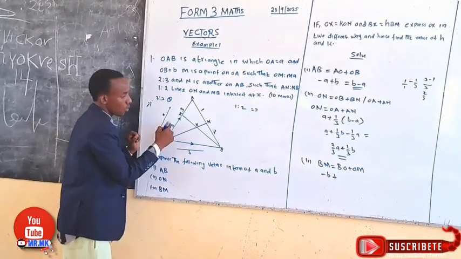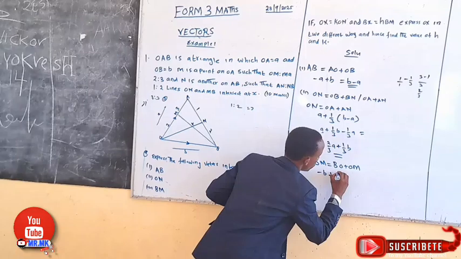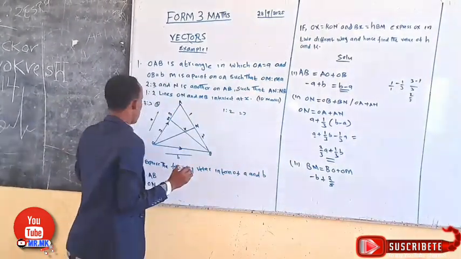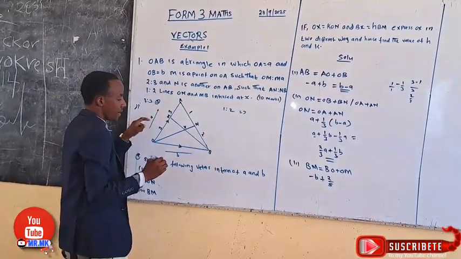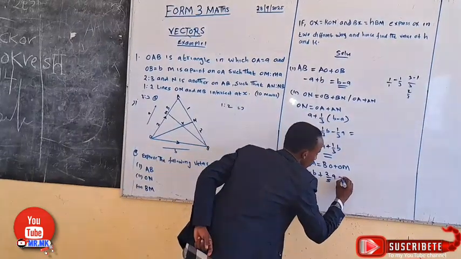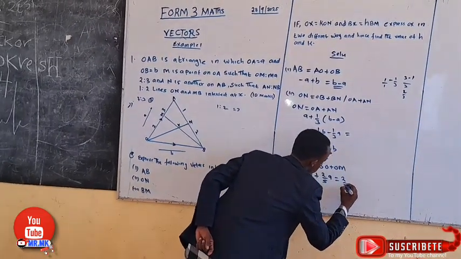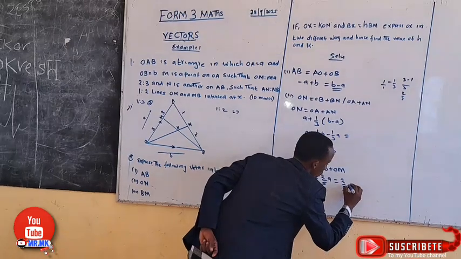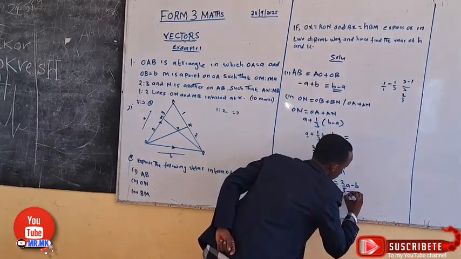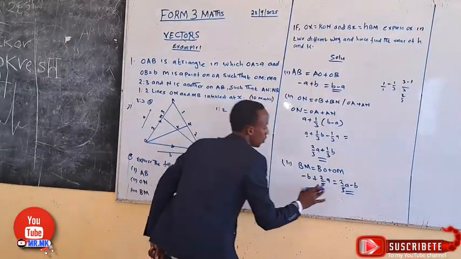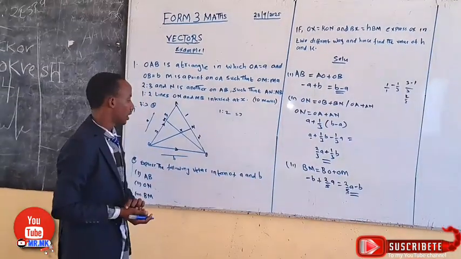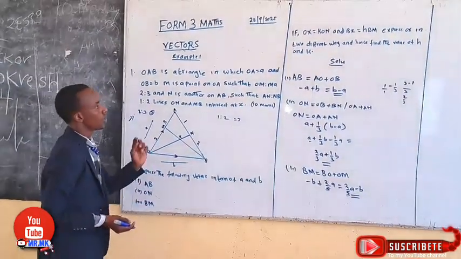Now, I just say 2 over the total ratio, which is 5, of OA, and OA is the same as vector A. So you just leave it like this, or you say 2 over 5 (A minus B). For that case, I think Roman 3 also we are finished.